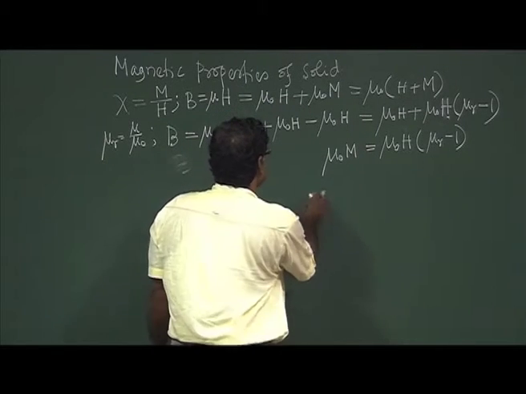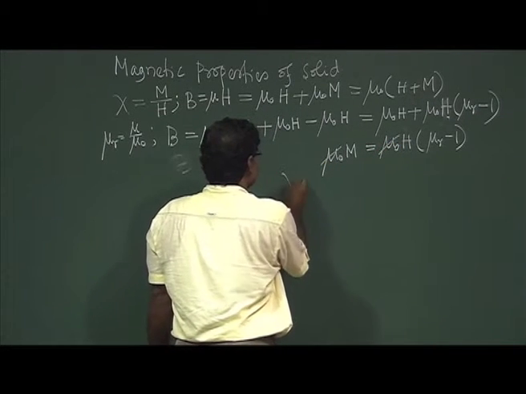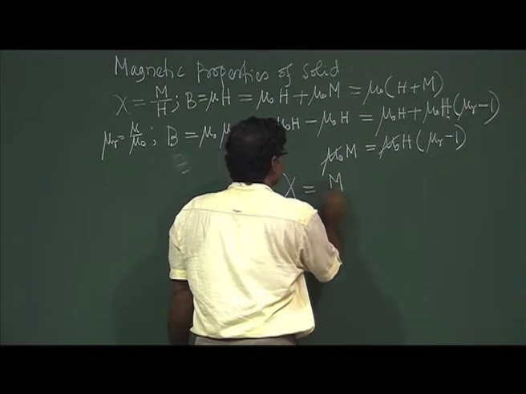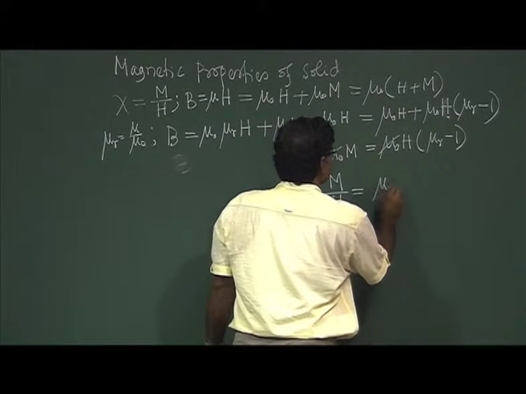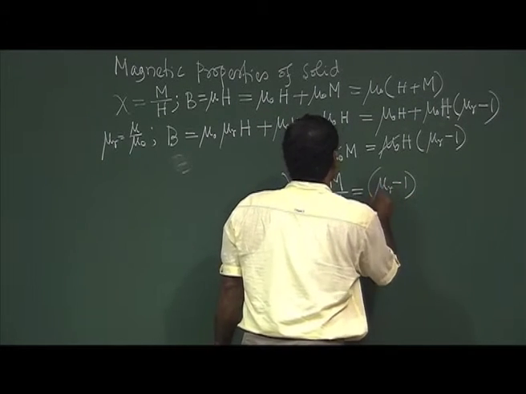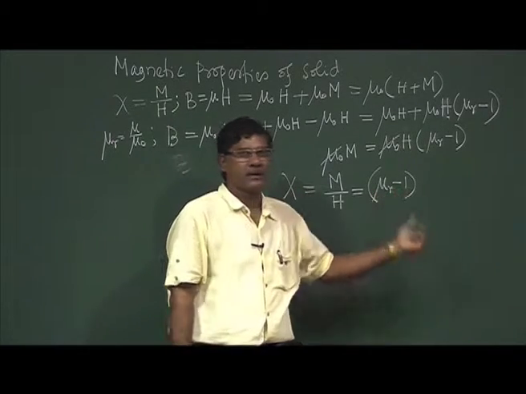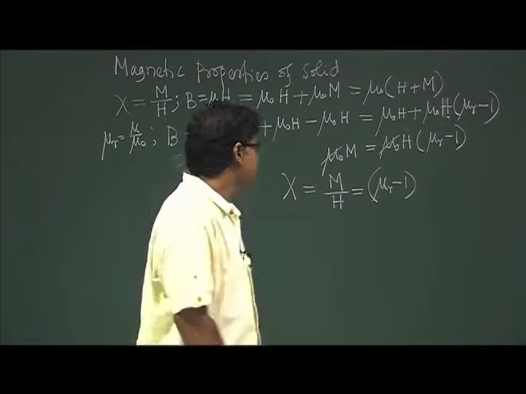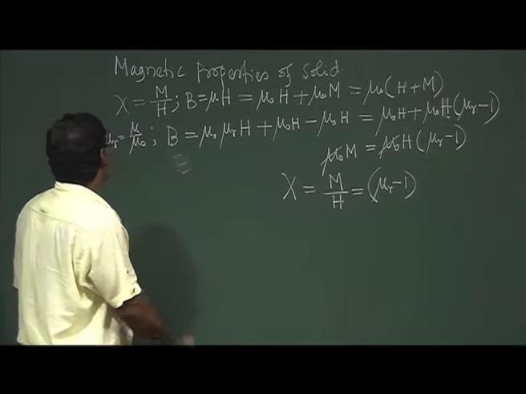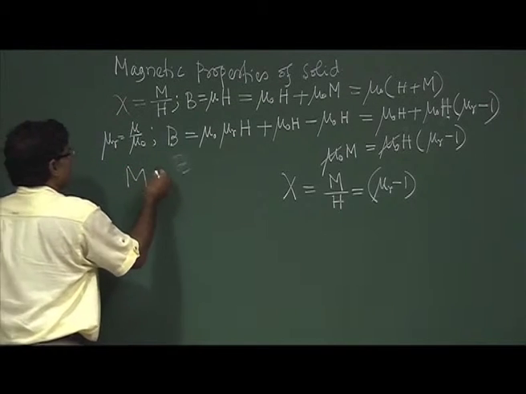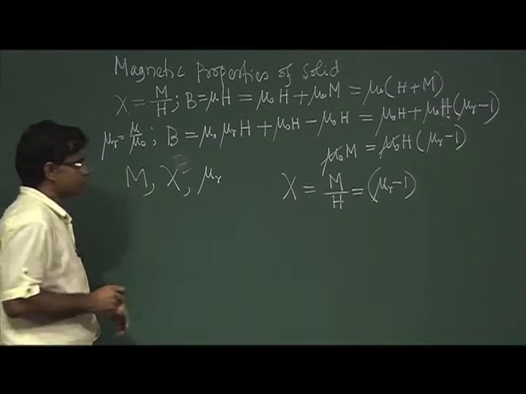What I want is chi equal to M by H, that will be mu r minus 1. Thus the susceptibility is connected with the permeability. So, these are the magnetic parameters: M, then chi, then mu, basically mu r.